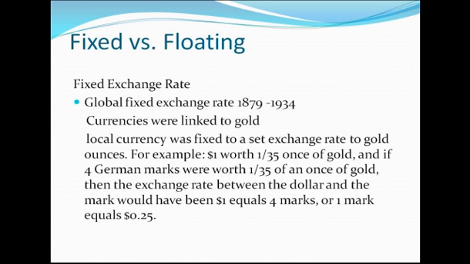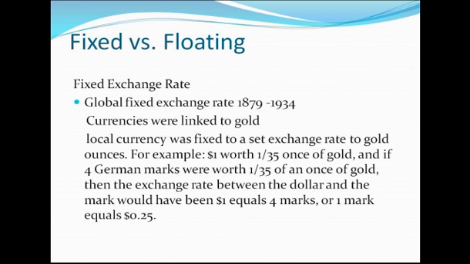If you look at the exchange rate history, it is very similar to the United States monetary system and how it changed. Between 1879 and 1934, all currencies of different countries were linked to gold, based on the same amount of gold.